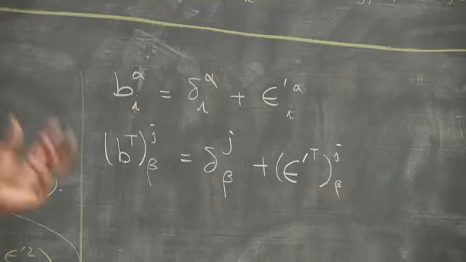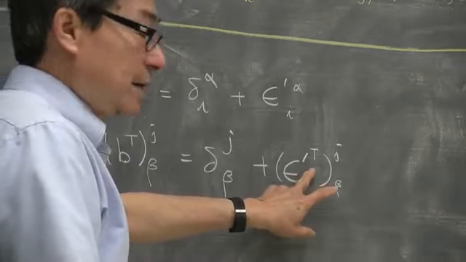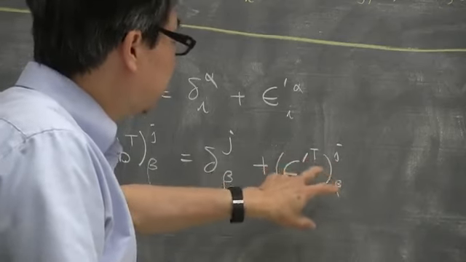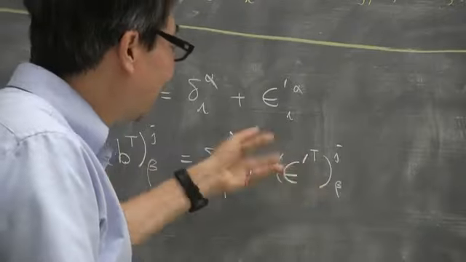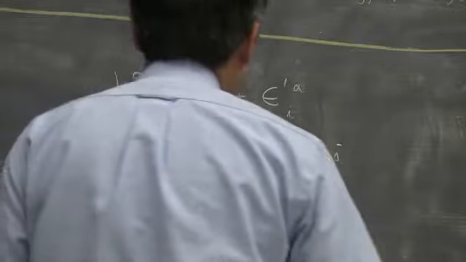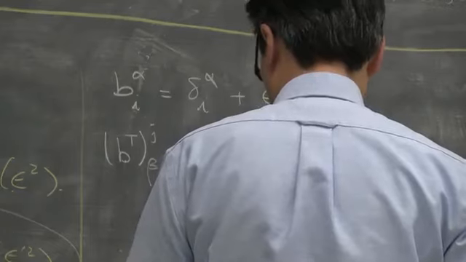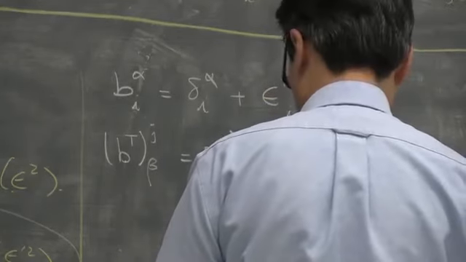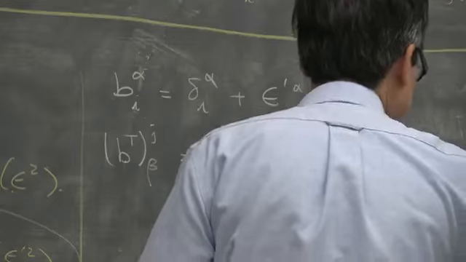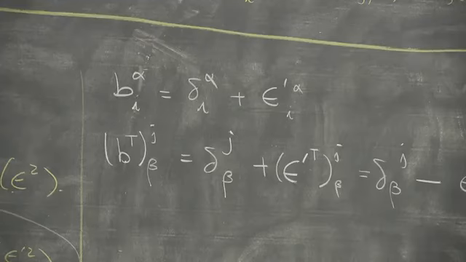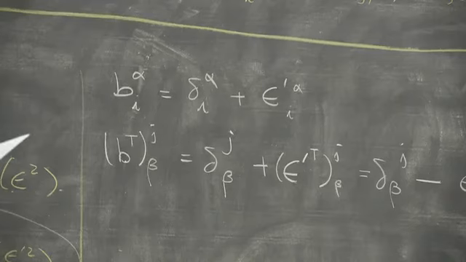But since epsilon prime is antisymmetric, the beta j-th element of epsilon prime transpose is equal to minus the j beta element of epsilon prime. So this is equal to delta_beta j minus epsilon prime_beta j. You have to be very careful with all those indices, because we are dealing with transposes and so on and so forth, because of the fact that epsilon prime is antisymmetric.